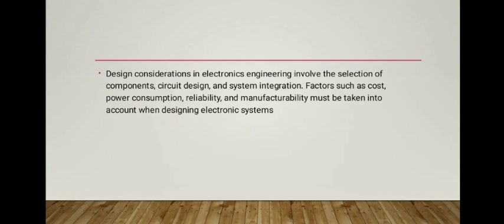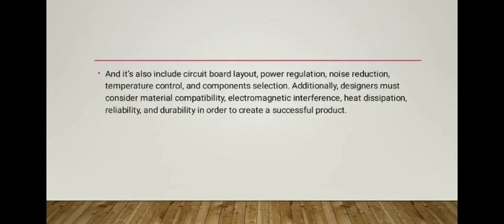Factors such as cost, power consumption, reliability, and manufacturability must be taken into account when designing electronic systems. It also includes circuit board layout, power regulation and noise reduction, temperature control, and component selection. Additionally, designers must consider material compatibility, electromagnetic interference, dissipation, reliability, and durability in order to create a successful product.